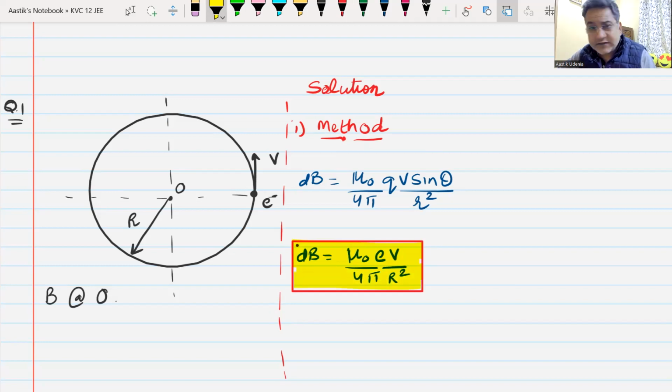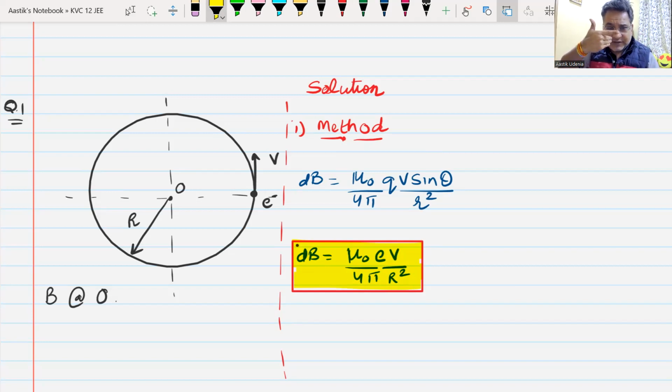But wait, what is the direction of the magnetic field? V at this point is upwards. Center is here.